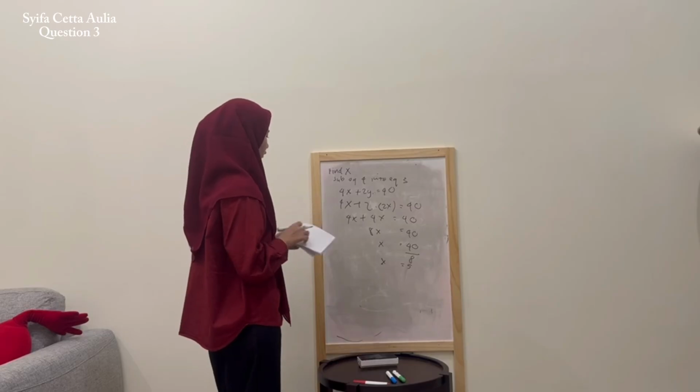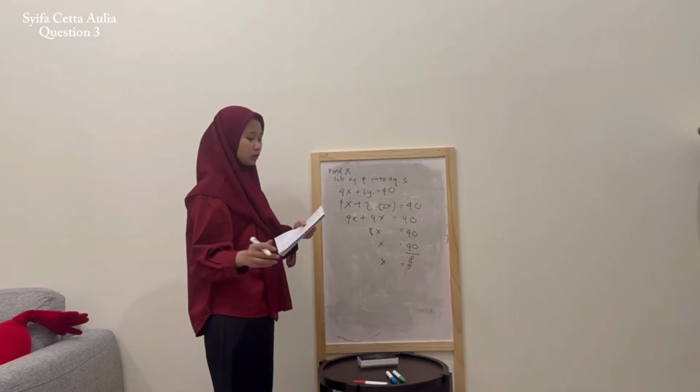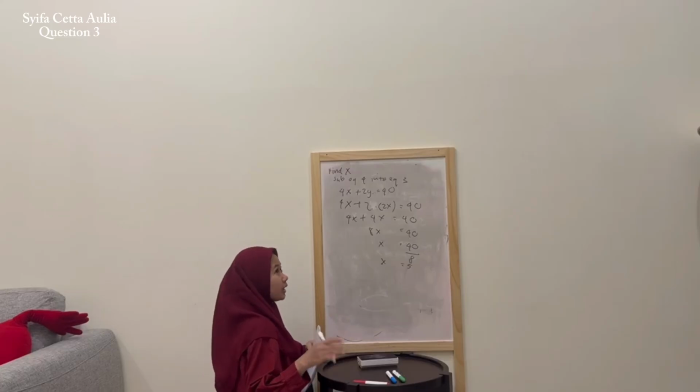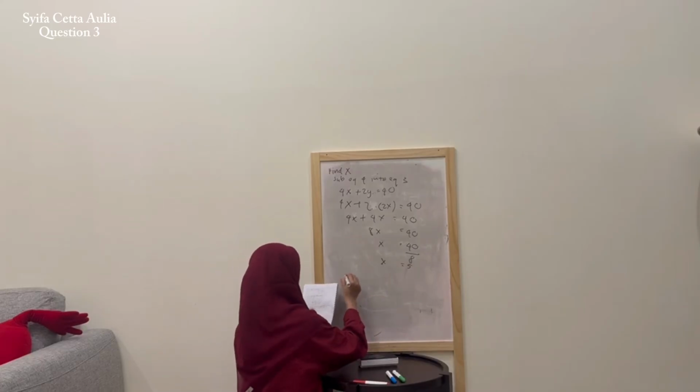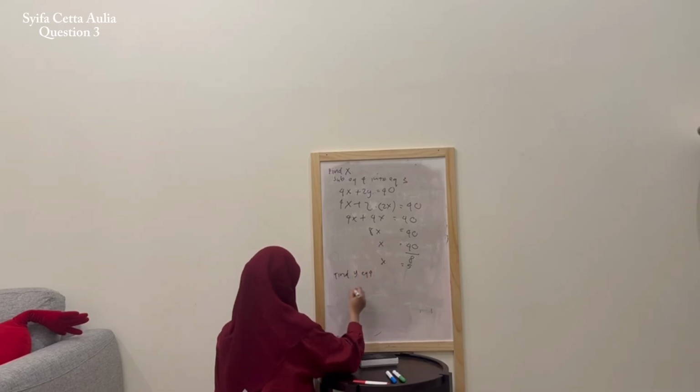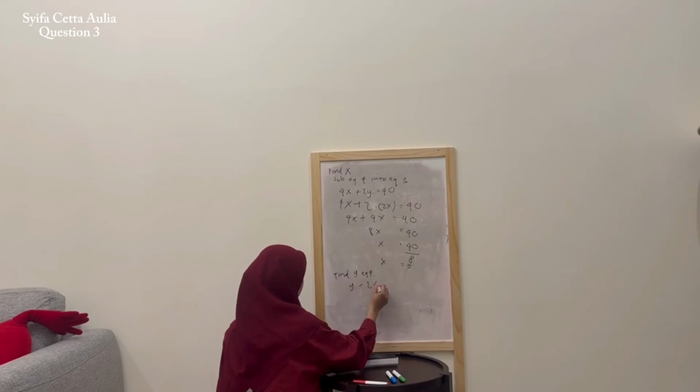So we can find y. We must find y using equation 3. Use equation 4. Find y. Y is 2 times 5.